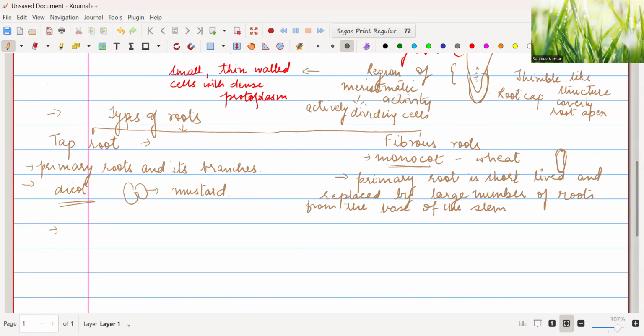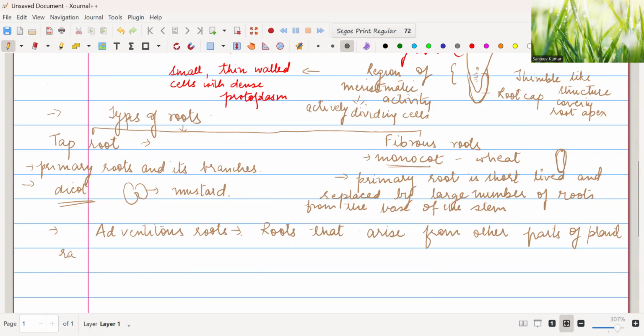One more type of root is present here. We call it adventitious roots. Now, where can we find these roots? These arise from other parts of the plant, other than the radicle, not arising from the seed itself.